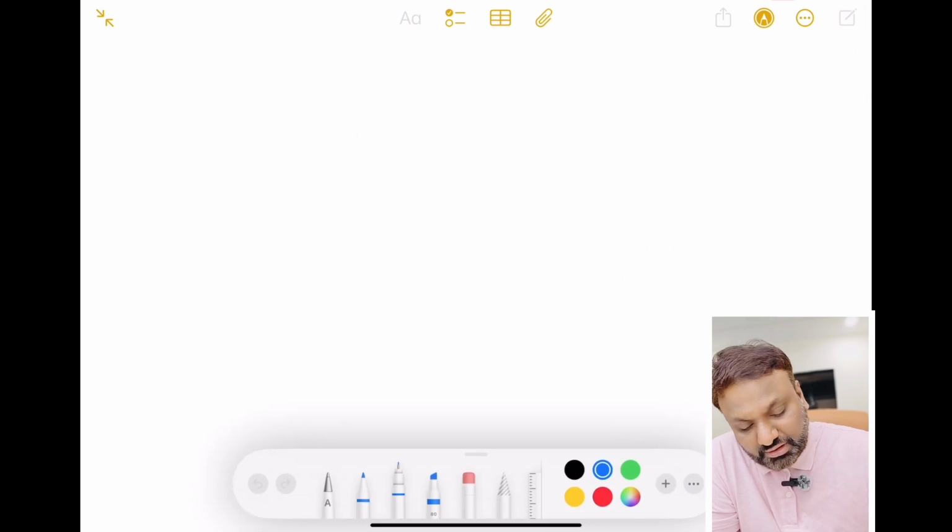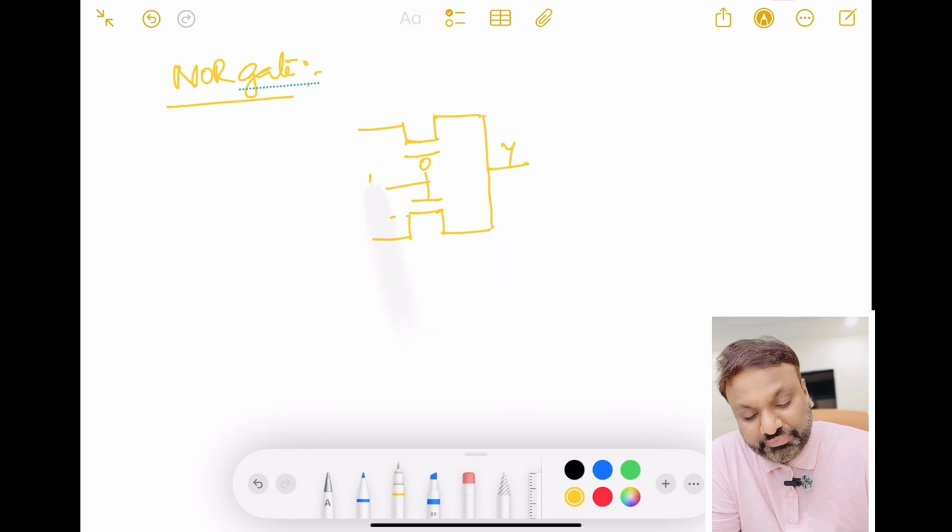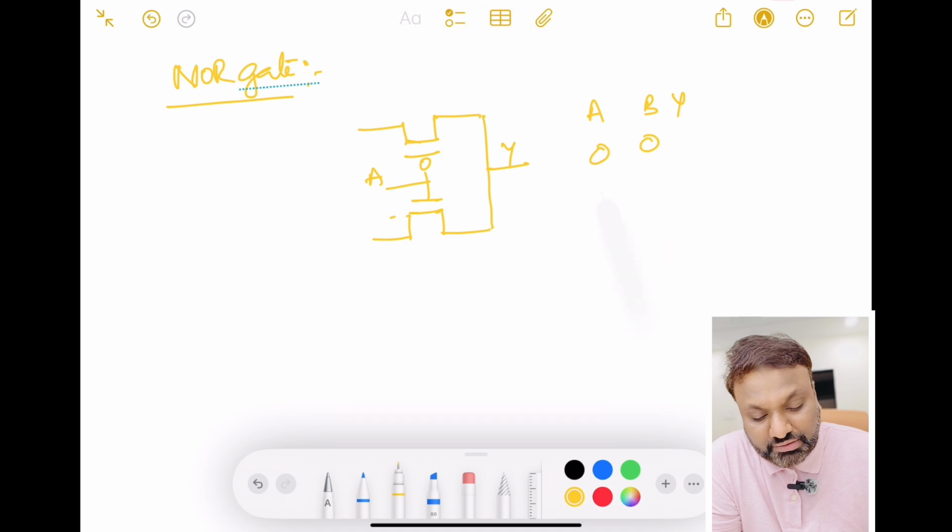Similarly, let us take the NOR gate. Okay, so the structure goes like this. I have the same circuit diagram here. This is my Y and this is my A. So A, B, Y: 0, 0, 1; 0, 1, 0; 1, 0, 0; 1, 1, 0.